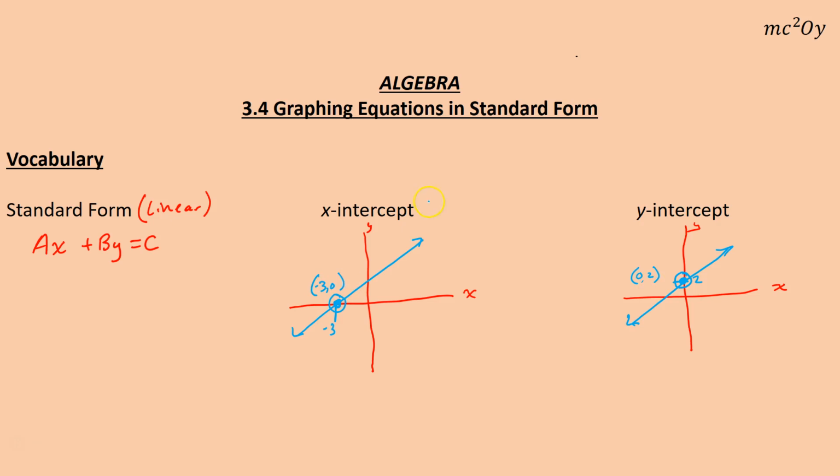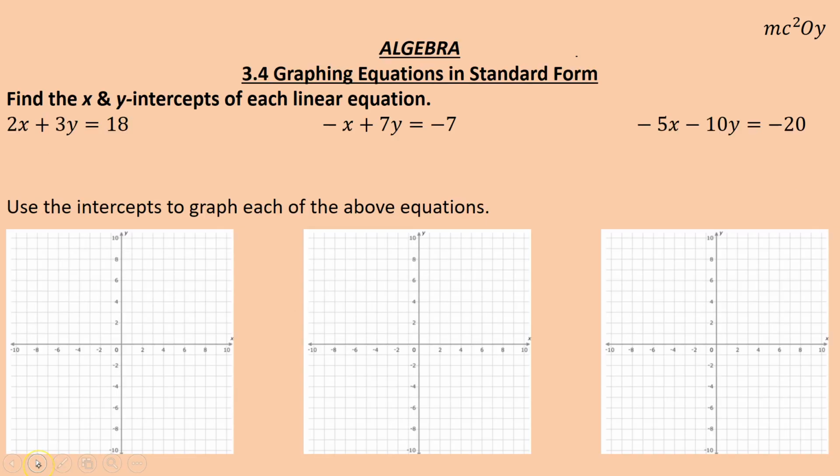Your x-intercept is when y equals 0, and your y-intercept is when x equals 0. That's going to come into play when we try to graph these. So find the x and y-intercepts of a linear equation. Just like I said, your x-intercept is when y is 0, and your y-intercept is when x is 0.